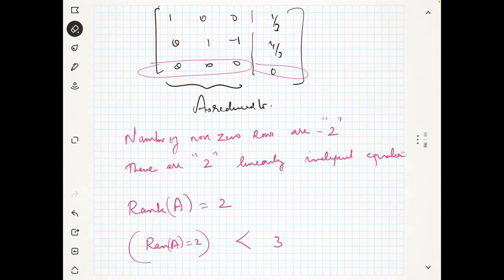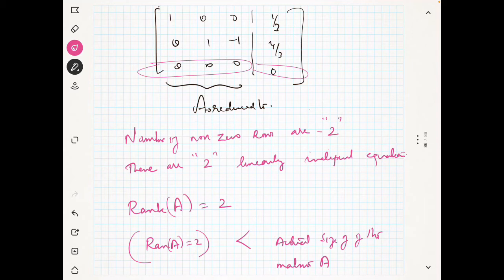Why is it less than 3? 3 means the actual size of the matrix A. So you can see that the third equation has become 0. That means it has some relation with the other equations.